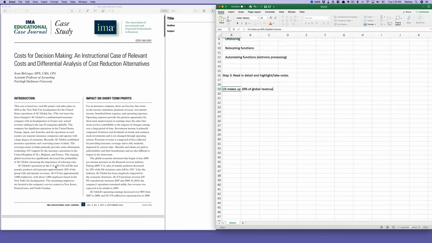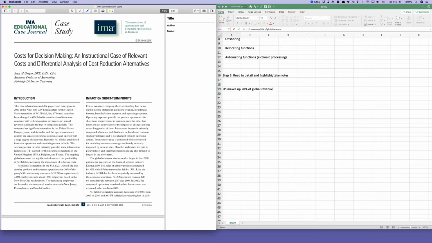And actually, there we go. So it's highlighted. You see how that shows up over there? We have approximately 3,000 employees, with about 1,000 of them based in the New York headquarters, and the remaining employees are located at the company's service centers in New Jersey, PA, and North Carolina.